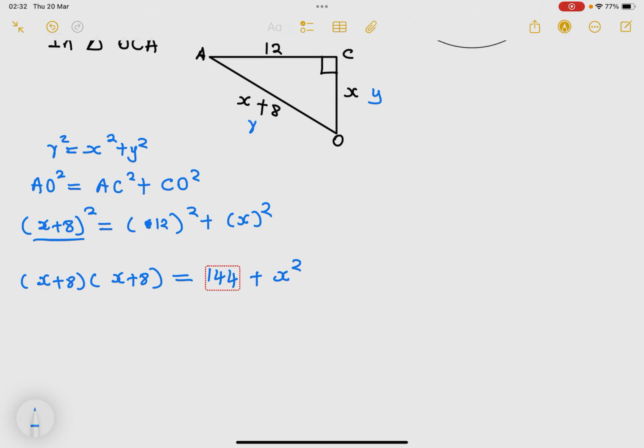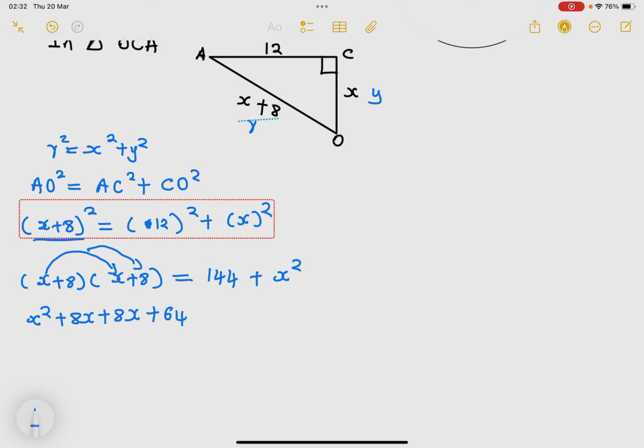So let's actually expand this. I'm just going to have x squared plus 8x plus 8x. What is 8 multiplied by 8? It's just going to be 64. So what I've done here is multiply each term: x times x, x times 8, 8 times x, and 8 times 8, and we actually get this, right?